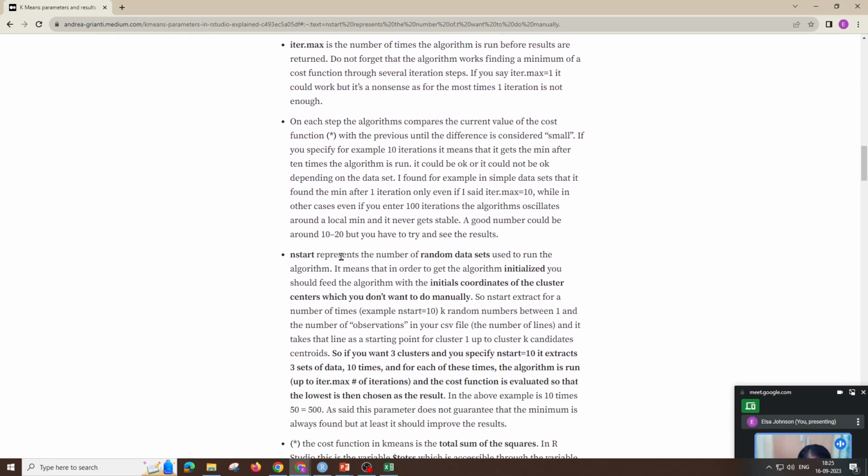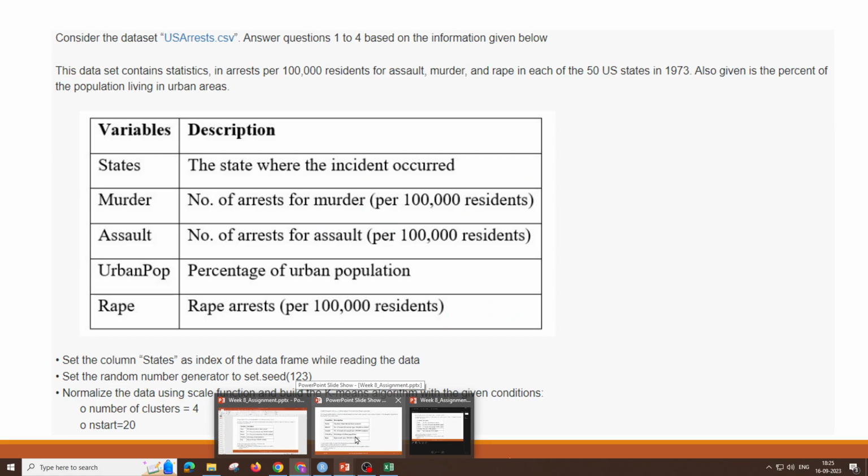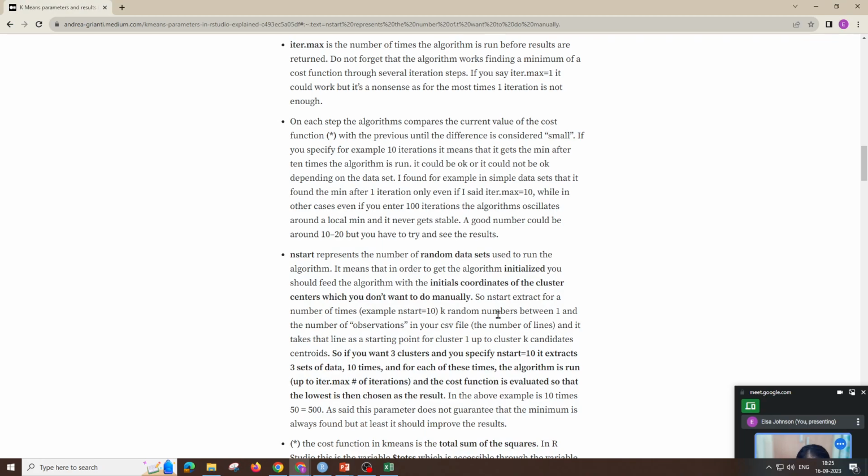Then nstart represents the number of random data sets used to run the algorithm. For example, at the end you want 3 clusters; in our question, at the end we want 4 clusters, so the number of clusters is 4. If the nstart value is 10, then it extracts 3 sets of data.